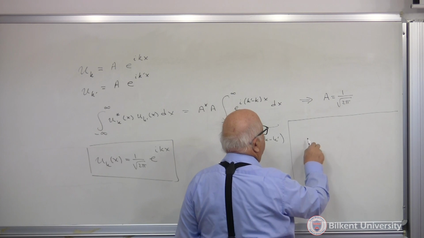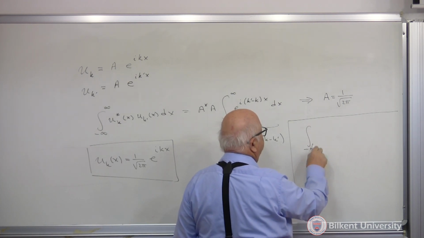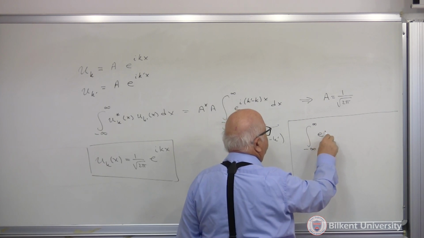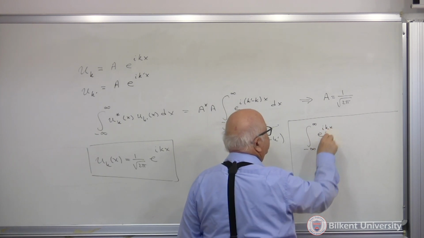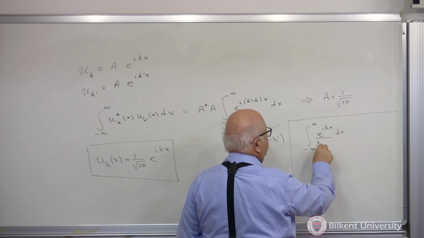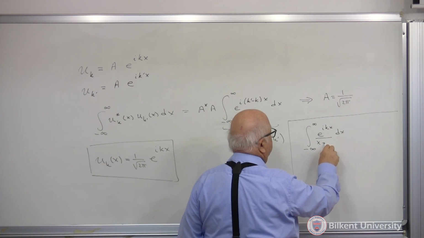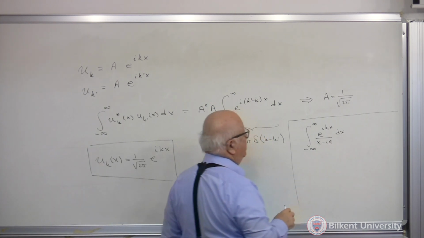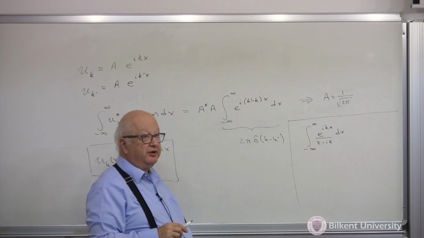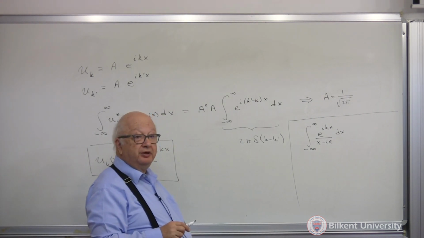If you look at an integral which has the form from minus infinity to infinity of e to the i k x, for example, dx, and x, let's put it minus i epsilon. Suppose I have an integral like this. Do you know how to evaluate such an integral?